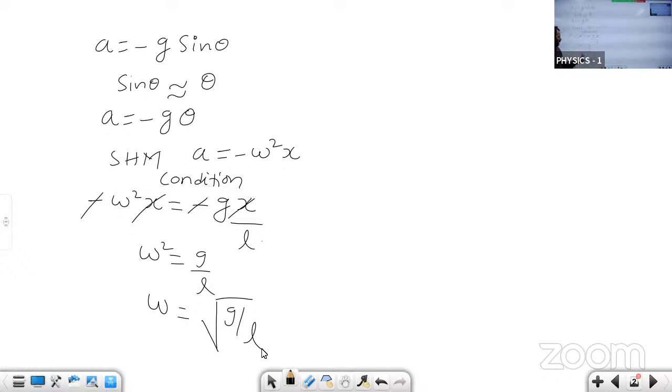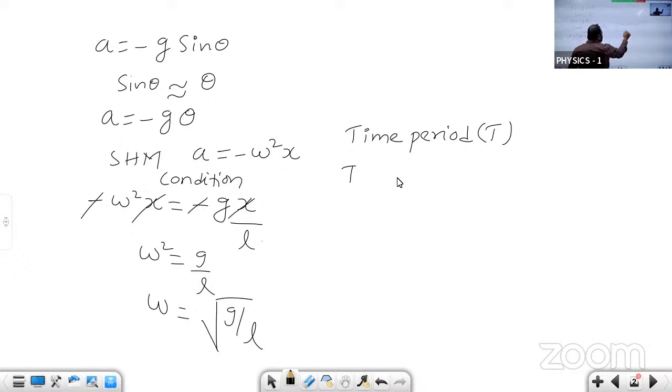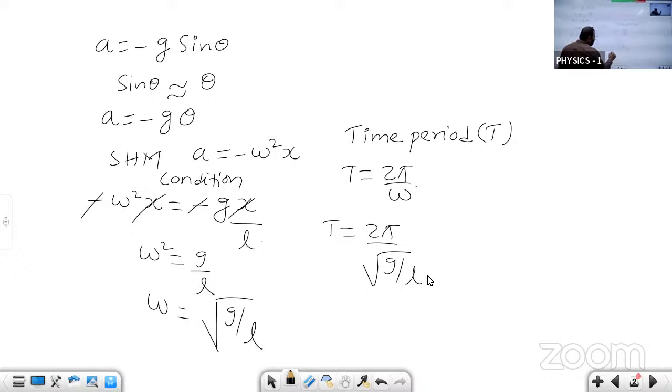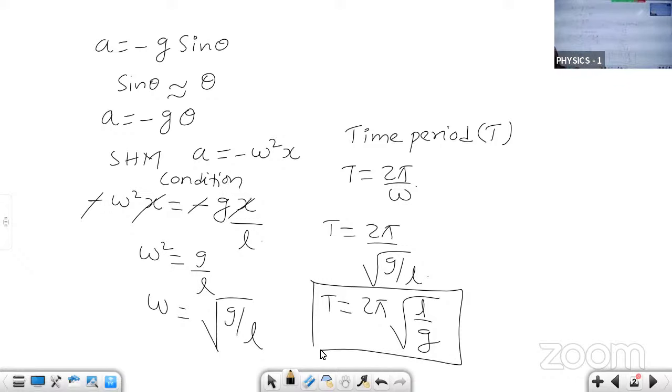Omega equals under root of g by L. Omega stands for angular velocity; angular velocity and angular frequency are both the same. Our topic is time period. Capital T equals 2 pi by omega, where omega is under root of g by L. Taking the reciprocal, capital T equals 2 pi under root of L by g.